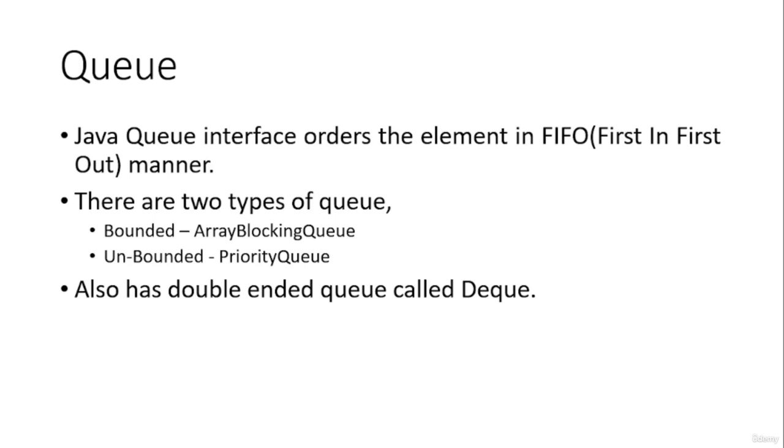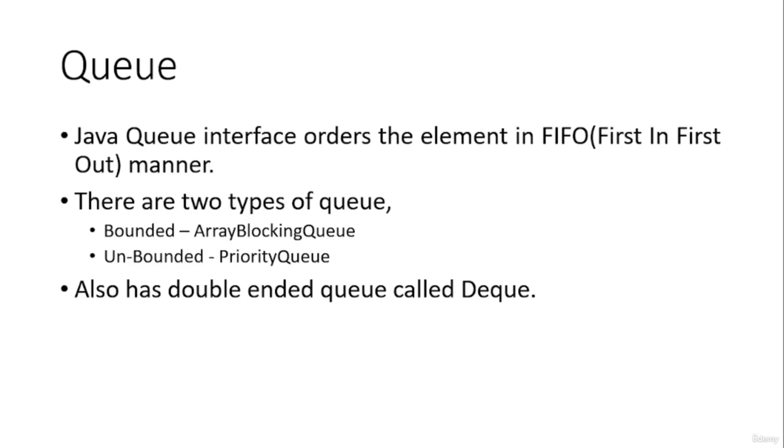This is implemented using the Queue interface in Java. There is an interface called Queue, and there are many classes which implement that interface. There are basically two types of queues, bounded and unbounded. Bounded means there is a restriction, the size of the queue will be limited, so we have to provide the specific size while declaring the queue itself.